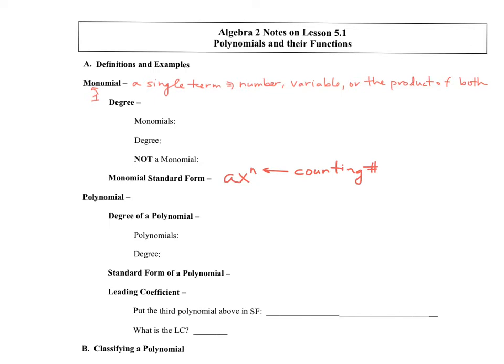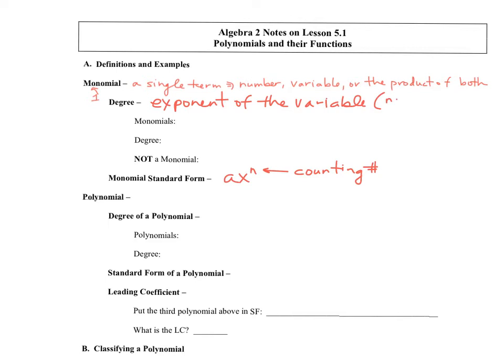So we're going to talk about the degree of a monomial, and then we're going to do some examples of those. First thing, the degree is the exponent of the variable. Which begs the question, what do you do if there is no variable?